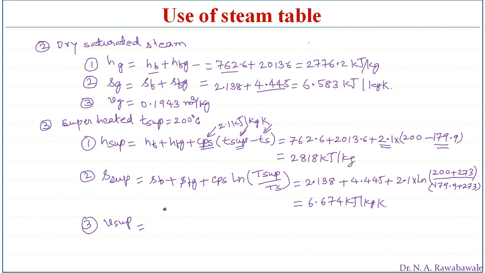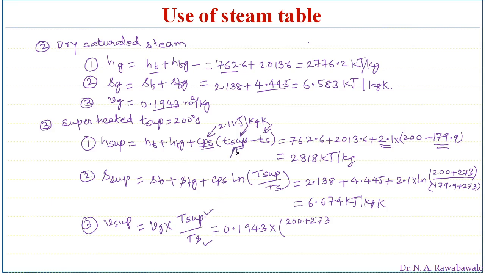Then third is specific volume of superheated steam, Vsup, is obtained by Vg into Tsup divided by Ts, saturation temperature. Vg we know, Vg is 0.1943, which is given in the steam table, 0.1943 into temperature of superheated steam, 200 degrees Celsius plus 273. So this must be in degree Kelvin, this temperature of saturation and temperature of superheated steam. When we substitute in this specific volume equation, it must be in degree Kelvin.